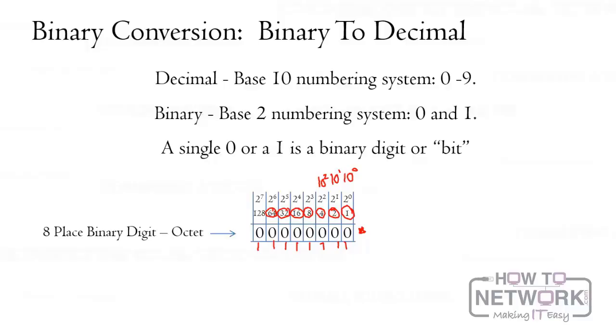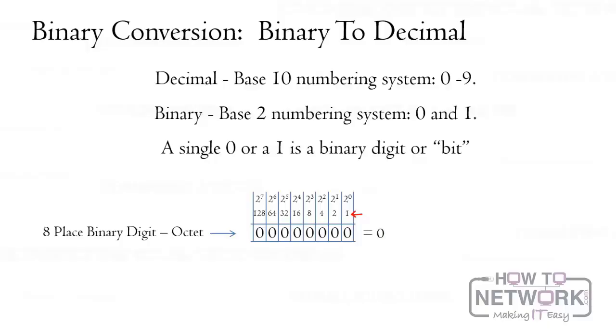Now, to help clarify this a bit, each place here has one of 2 options, correct? Because it's base 2. If it's off, that means it's a 0, as you see right here, and the number is not being counted. So we don't count any of these numbers we've just calculated. If all the bits are off, that means we have a number of 0.